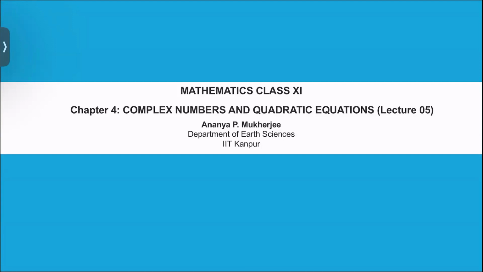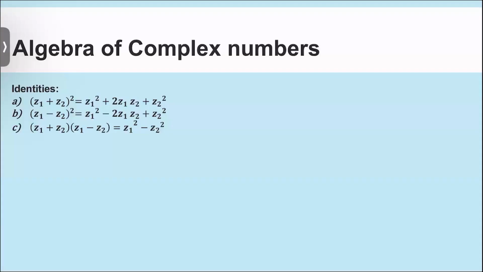These are very standard identities, but we will see how they are applied on complex numbers, and also try to prove the identities using complex numbers, with some examples on how we can solve with complex numbers.